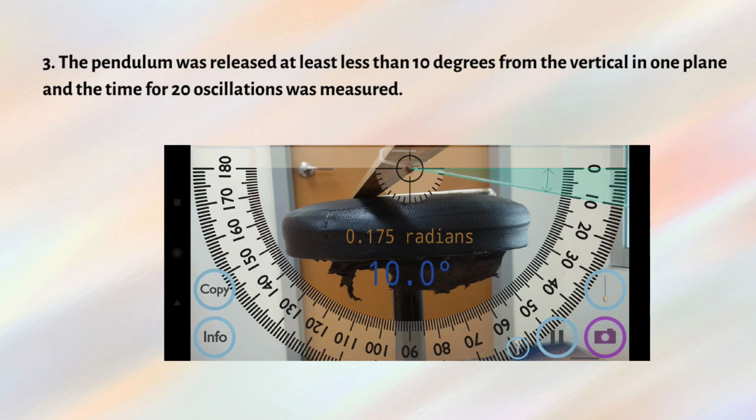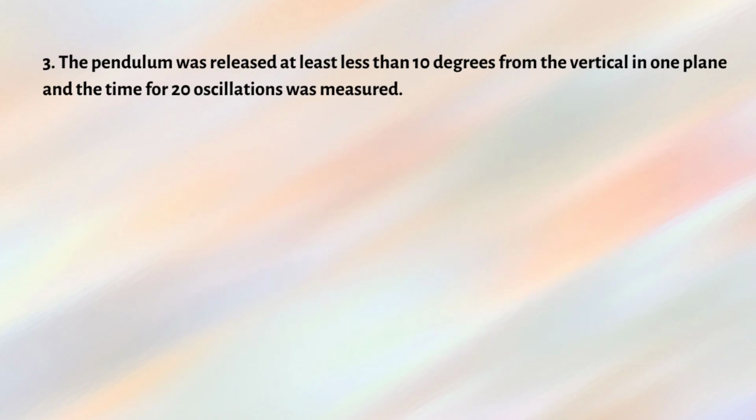For the third step, the pendulum was released at an angle of less than 10 degrees from the vertical in one plane, and the time for 20 oscillations was measured.